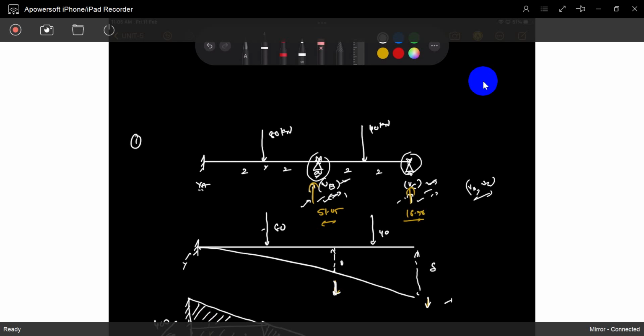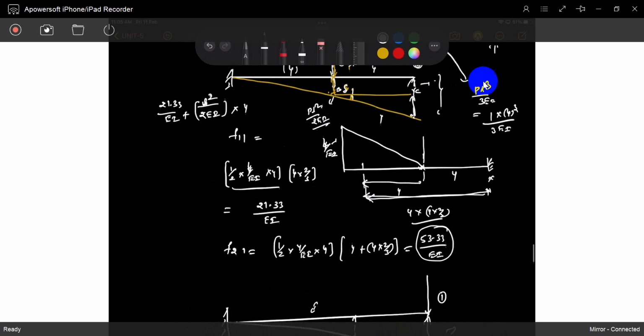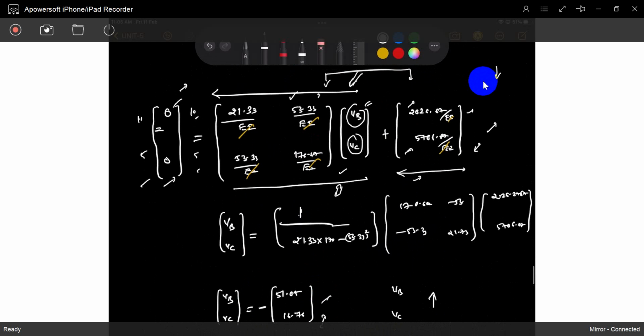If the forces VB and VC are generated, it means the deformations you arrested, so the final deformations are 0, 0. Not any fixed conditions. Here the supports also settled by 10 and 5. If the supports settle, extra moments will be generated and the forces will be altered. Only in that type of situation will those two values come, 10 and 5; otherwise every time it is 0, 0.